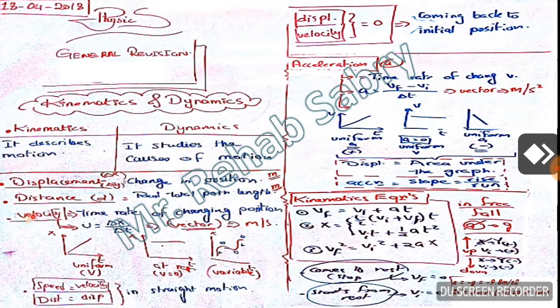So the velocity is the time rate of changing position, or time rate of changing displacement. Time rate of changing anything is the change in this thing divided by time. So the velocity is delta x divided by delta t, as you see.